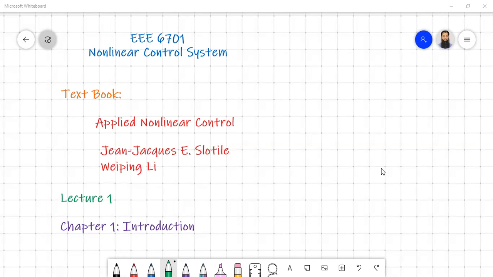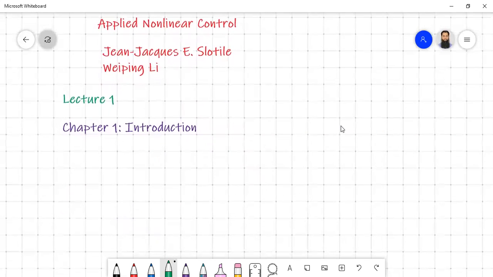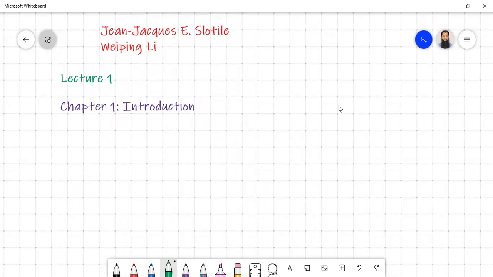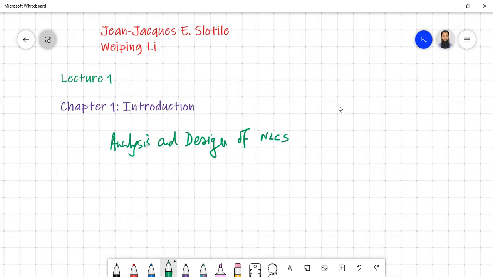So first of all, let's discuss what subject nonlinear control actually deals with. The first thing it works with is the analysis and design of nonlinear control systems.